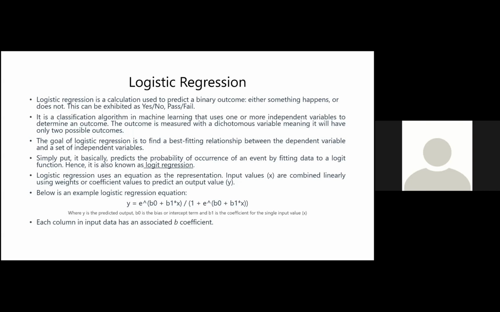Logistic regression has an equation which I'm showing here, where x is an input value and y is the corresponding output value or the class label that is identified. Here it also takes two variables into consideration, labeled b0 and b1, where b0 is the bias or intercept and b1 is the coefficient. It is assumed that each column in the input data set has these coefficients.